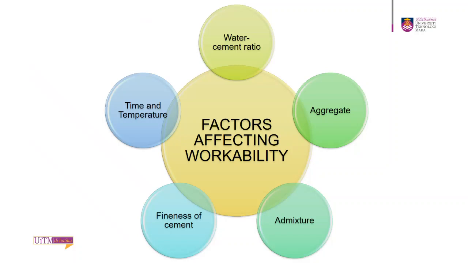Rapid hardening Portland cement has very fine cement particles, which will reduce workability compared to ordinary Portland cement. However, fineness of cement tends to cause concrete bleeding. The last factor is time and temperature, where high temperature will cause absorption and evaporation, hence reducing the workability.